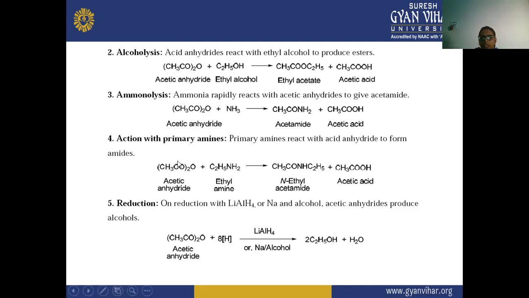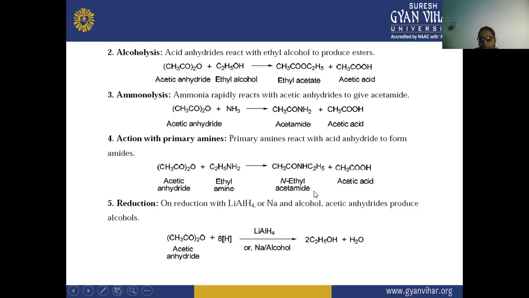So here you can see the primary amine is reacting with this acetic anhydride. In this, two molecules of CH3CO are attached to this oxygen, and one CH3CO will react with this H, which is removed from this ethylamine, and there is a formation of acetic acid, and the other CH3CO will react with this NHC2H5, which is having the negative charge.